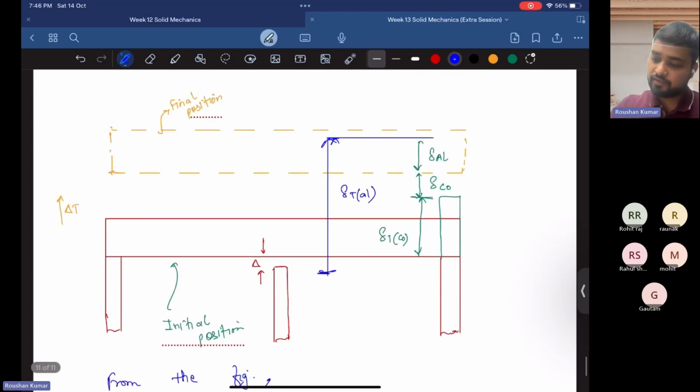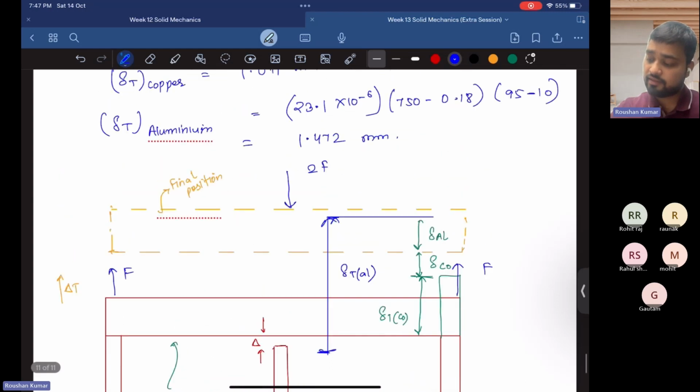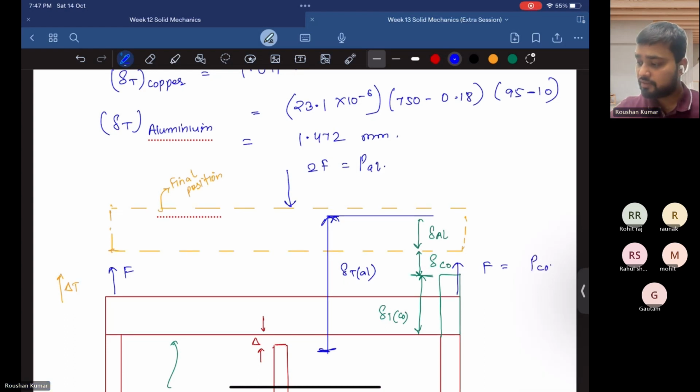Because copper is fixed at both ends at equal distance from the aluminum bar, suppose it induces a reaction force F. So this one also induces reaction force F. Therefore, if reaction force F is induced from both the ends upward, there must be a reaction force 2F in the opposite direction, acting downward to maintain equilibrium. So the reaction force developed in the aluminum bar is 2F, and in the copper bar is F.